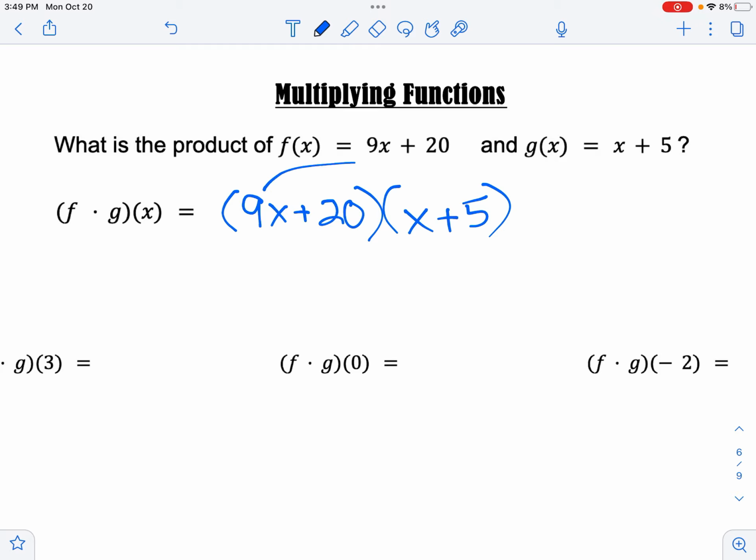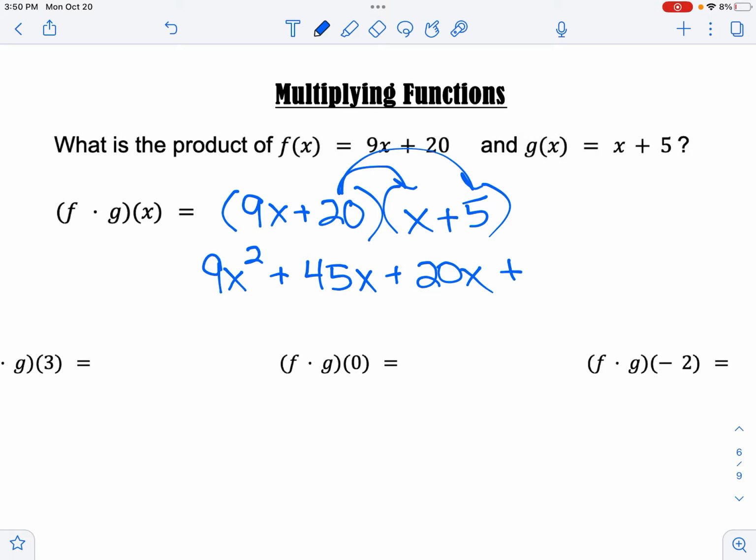So I'm going to start by going this times this and then this times this. Okay, so 9x times x is 9x squared. And then 9x times 5 is 45x. Okay, now I got to do this times this, which would be 20x. And then this times this, which would be plus 100.